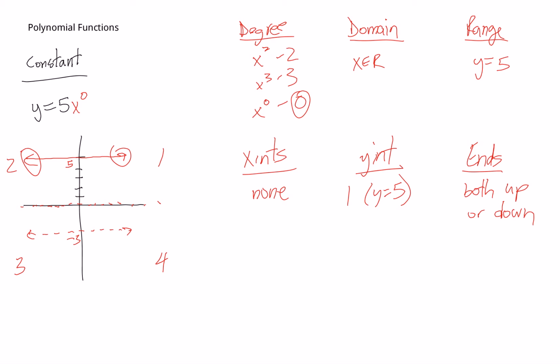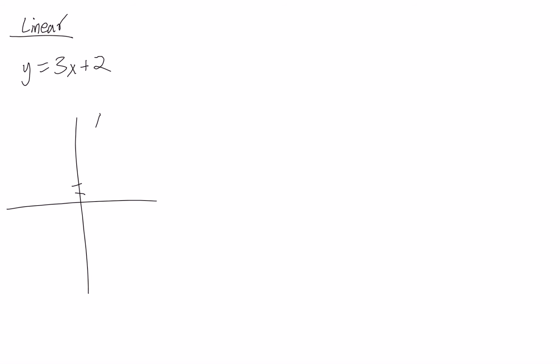Okay, let's do the same thing for a linear graph now. A linear graph is an equation something like 3x plus 2. If we were to graph that, we would basically get a straight line, but this time it'll be diagonal, and it would look something like that, where it's going to cross at the point 2.